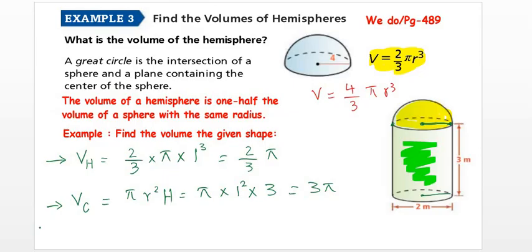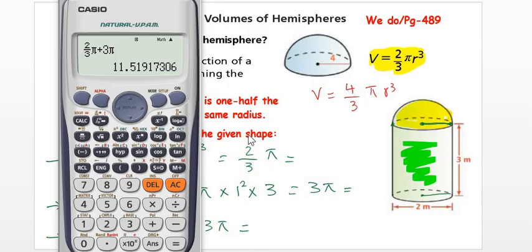Now to find the total volume, I'll write T over here just to show that this is the total volume. So 2 over 3 pi plus 3 pi. Either you can write it like this, or you can convert each one of these into decimals and then add it. It's all your choice. So finally, here is the final answer.